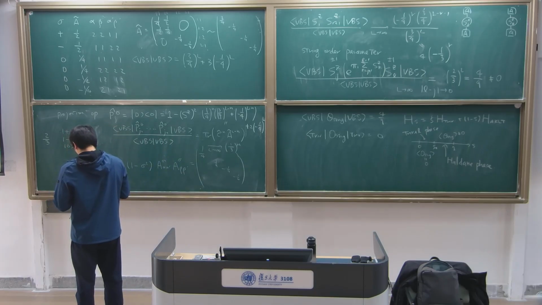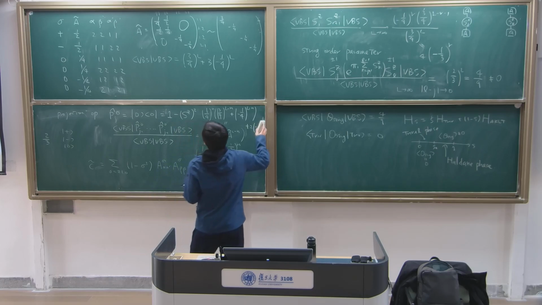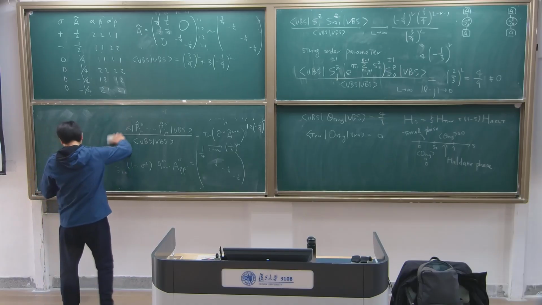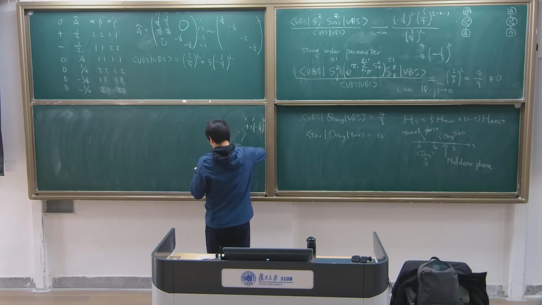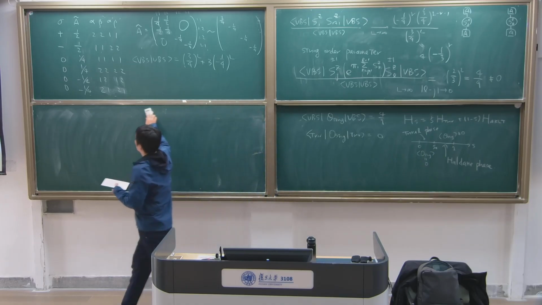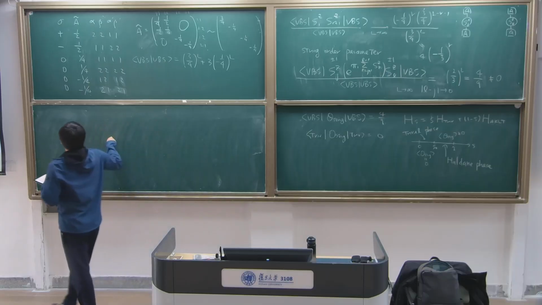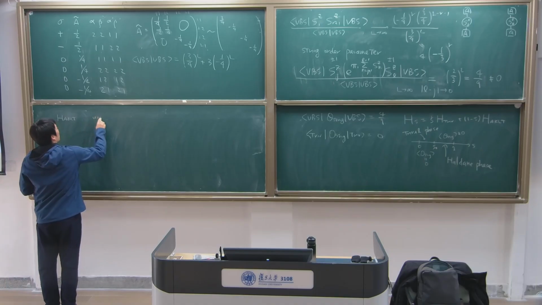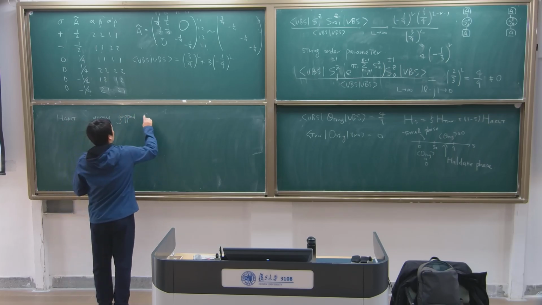Okay, and the summary of the current stage is that the Hamiltonian has a unique gapped ground state.